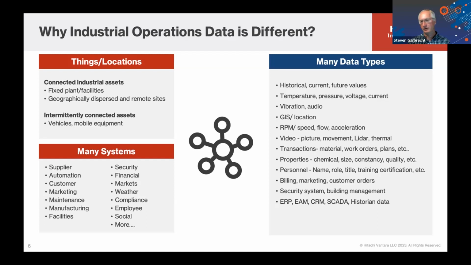It's not just about an ERP system and a CRM system and a financial system. It's also bringing in other information from weather, from security systems, from different manufacturing facilities, power generation facilities. It could be a sports complex and all of the maintenance associated with that. All those many systems are coming together to feed this data lake and provide that additional value.